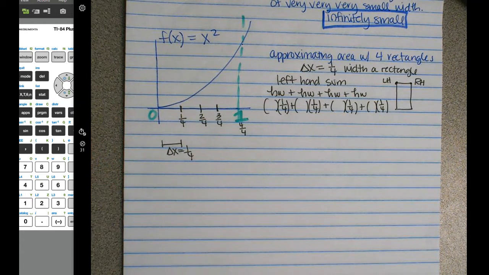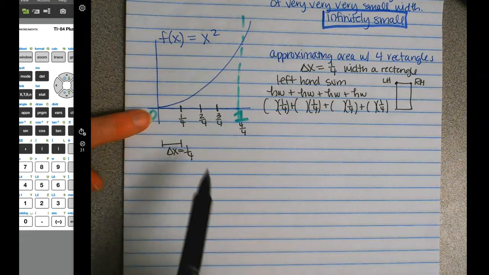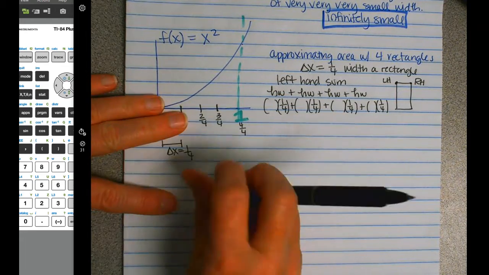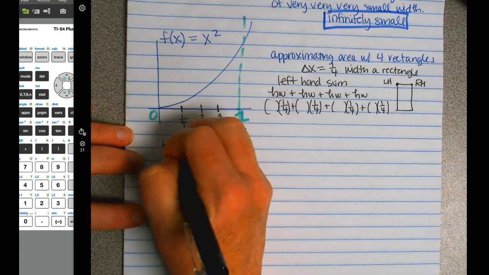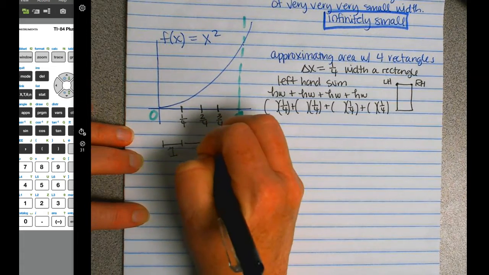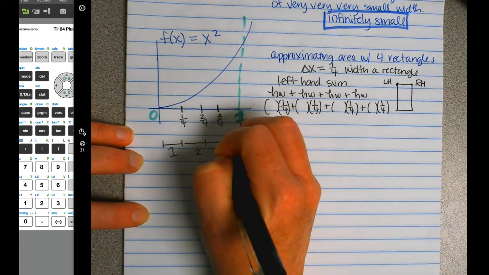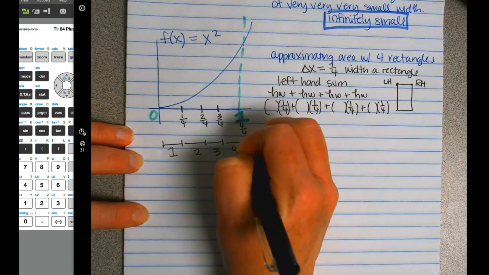Now we need to find the height, and we're doing the left-hand height. So the left-hand height for my very first rectangle is going to be in this distance. So like this space is rectangle number 1. And the next space will be rectangle number 2, and then rectangle number 3, and then rectangle number 4.